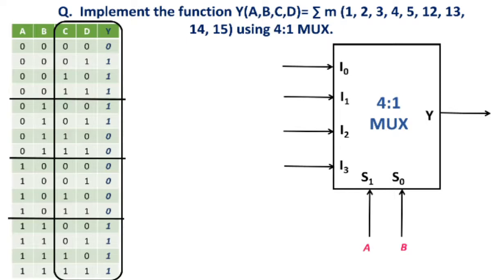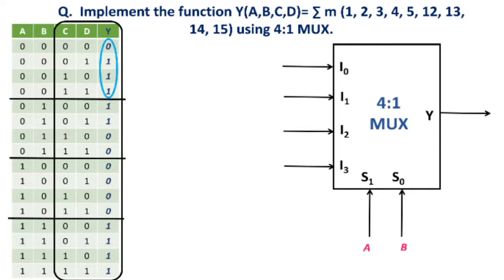The first group, that is the first 4 combinations, has A and B both equal to 0. The next 4 combinations have A equal to 0, B equal to 1. The next 4, A equal to 1, B equal to 0. And the last 4, A is also 1 and B is also 1. Now for each group we have to see how Y varies as a function of C and D.